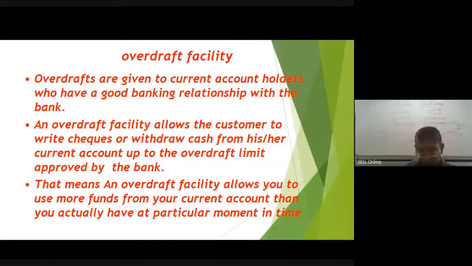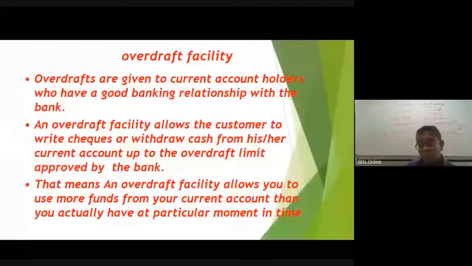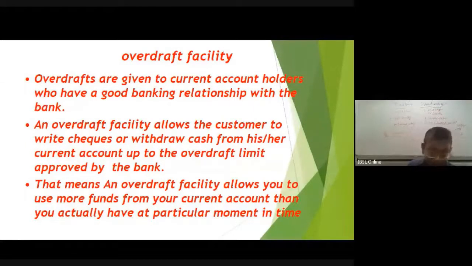You can't say no. Likewise, think the other way around. Overdrafts are payable on demand. So if the bank asks, you have to settle. Suppose for some reason the bank is not happy with your transactions, they can ask you to quickly pay back the loan. Not the normal loans, overdraft only.